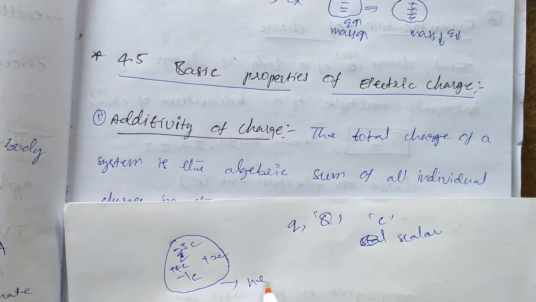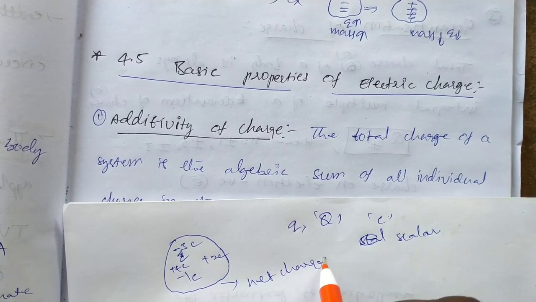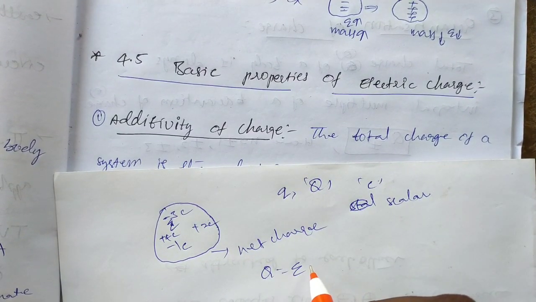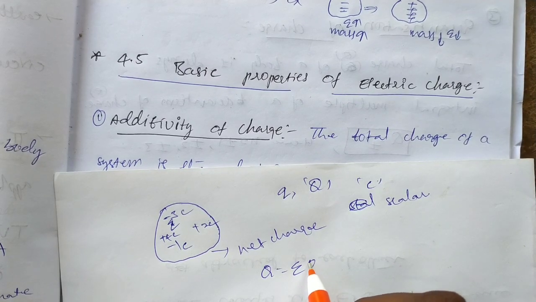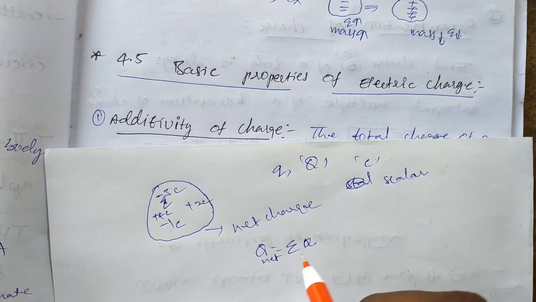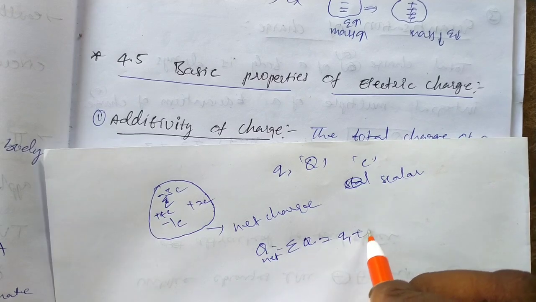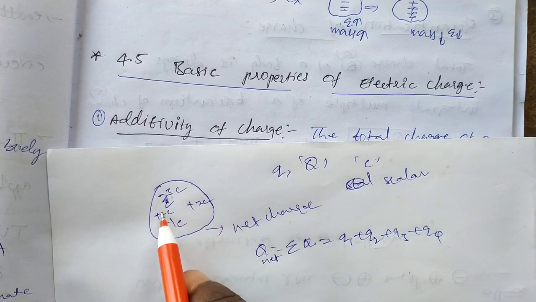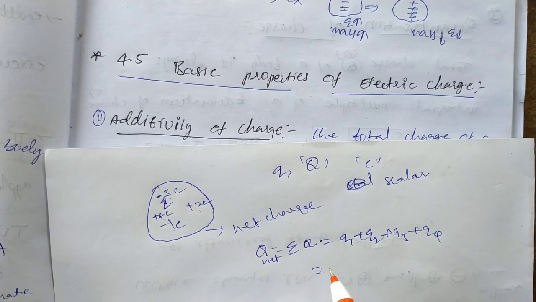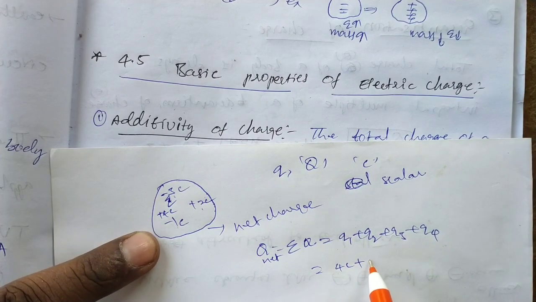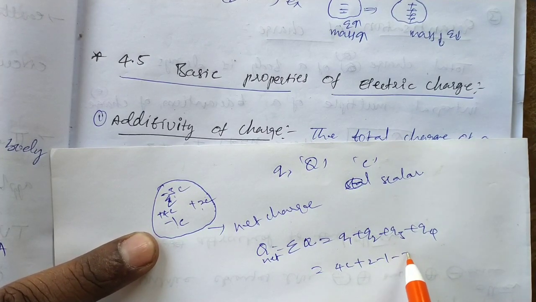What is the net charge? The net charge Q is the summation of the individual charges: Q equals Q1 plus Q2 plus Q3 plus Q4, here only four. So 4 coulombs plus 2 coulombs minus 1 minus 3.